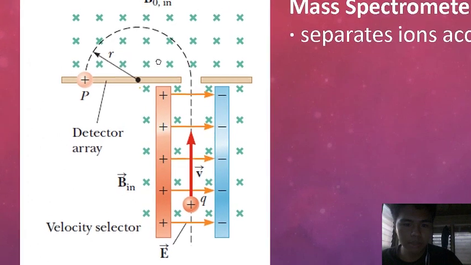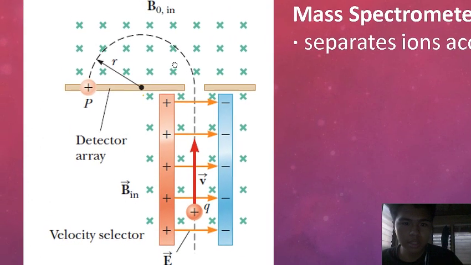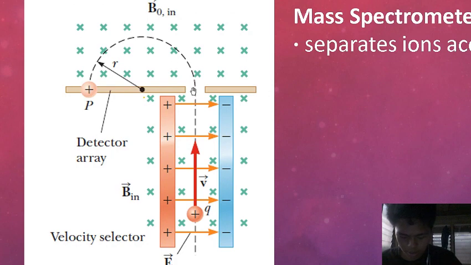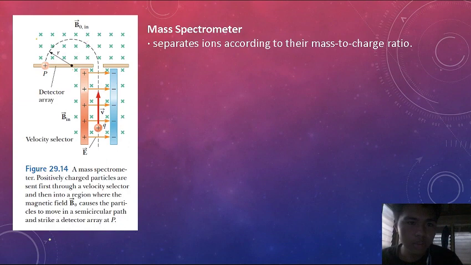After passing the velocity selector, it enters the magnetic field, and since this is a uniform magnetic field, its path is circular. It goes here, but its path is just a half circle, a semicircle.